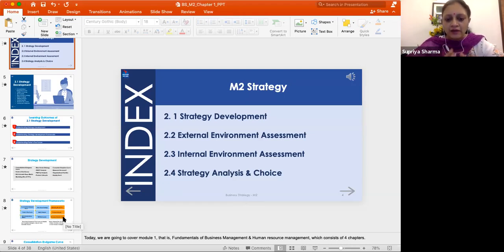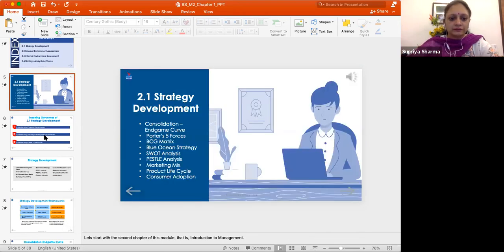And in this entire module 2, we will be studying the external environment assessment. Whenever we make a strategy, we tend to scan the external environment, internal environment, and then check our resources and then design the strategy. So that is precisely what we are going to do now in the second module. And strategic development is what we are going to see today.